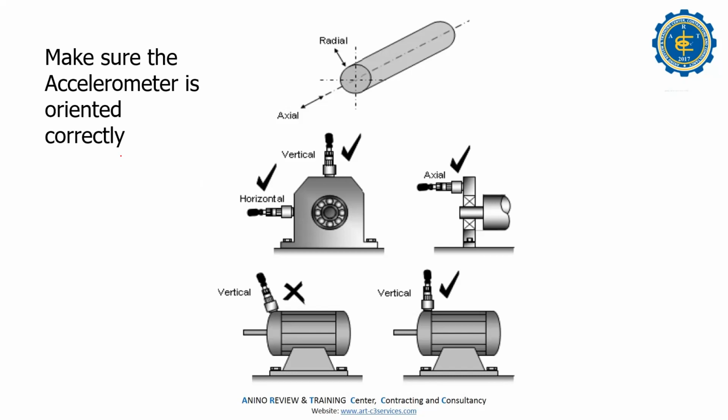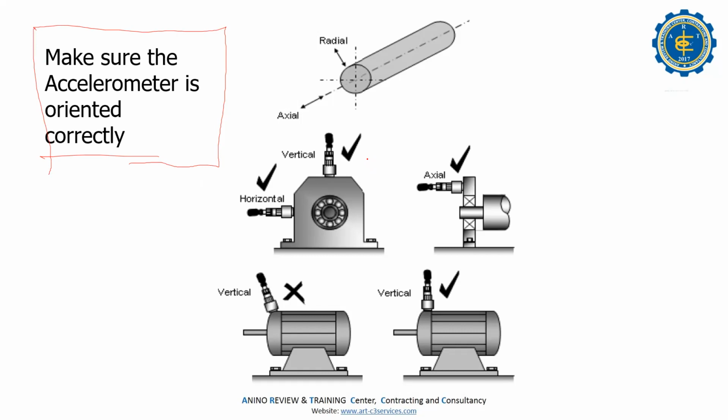Make sure the accelerometer is oriented correctly. You know, you use triaxial. Yeah, I use triaxial. What do you observe about the triaxial? Because I did not use triaxial. Sir, in one placement we can get three-direction vibration at a time.